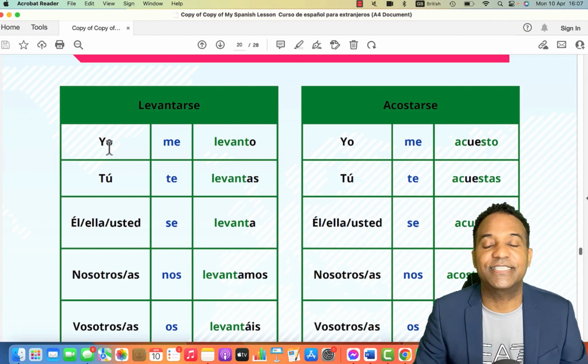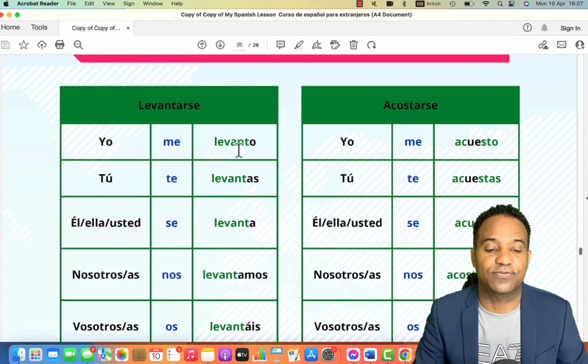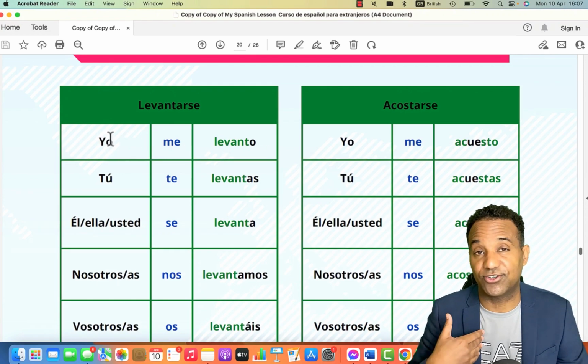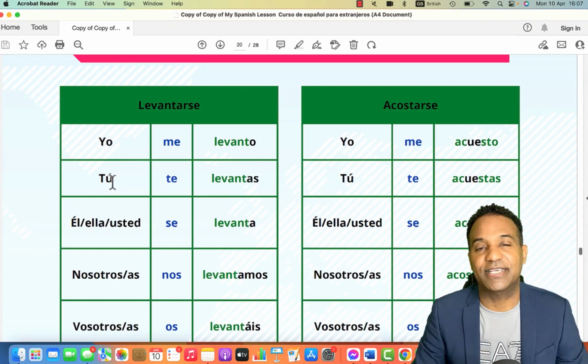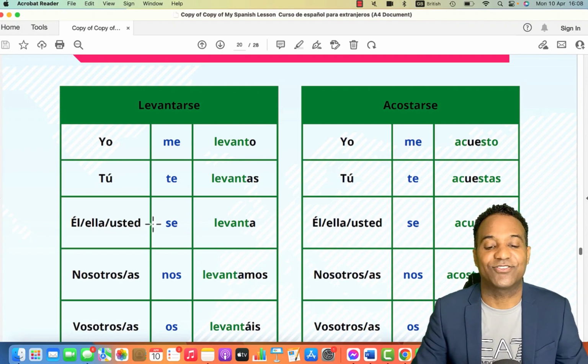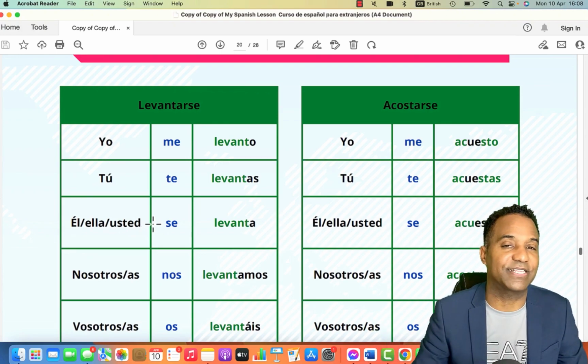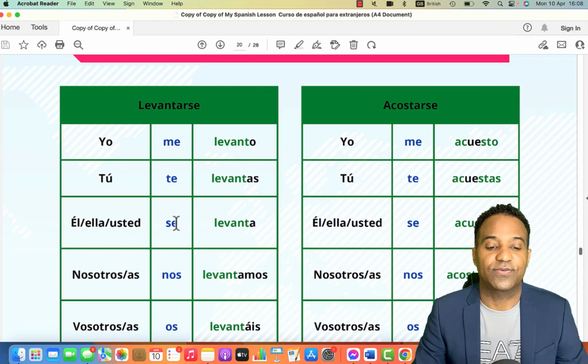So instead of saying yo me levanto, we normally say me levanto, because it's clear that it's yo. Tú te levantas, we normally say te levantas. Se levanta, nos levantamos, os levantáis, se levantan. So we normally omit the personal pronoun.